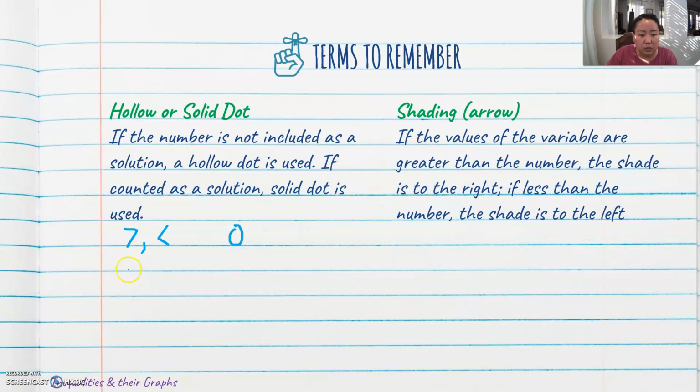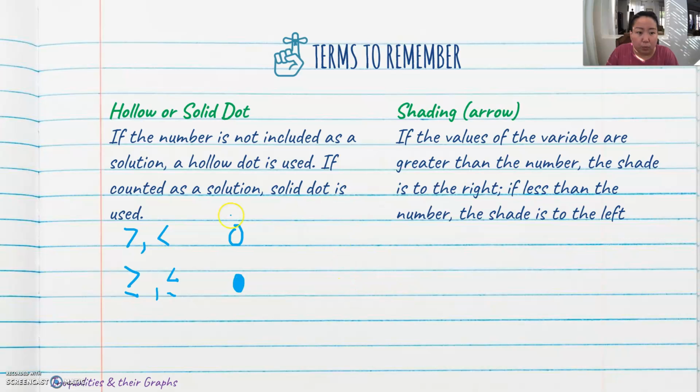The moment that you have your equal to symbol, so greater than or equal to, less than or equal to, then the dot will be shaded. So it's going to be a solid dot.